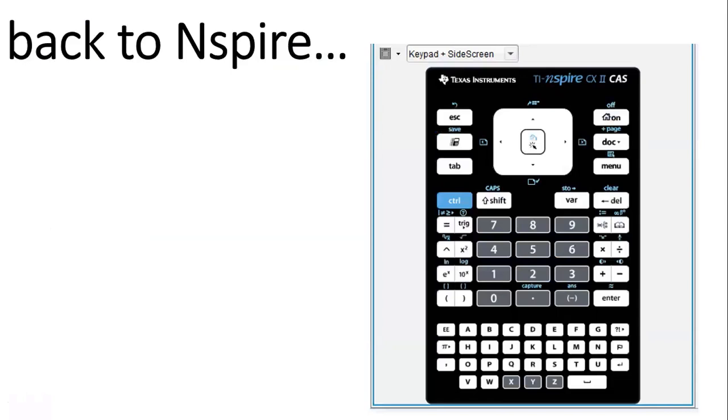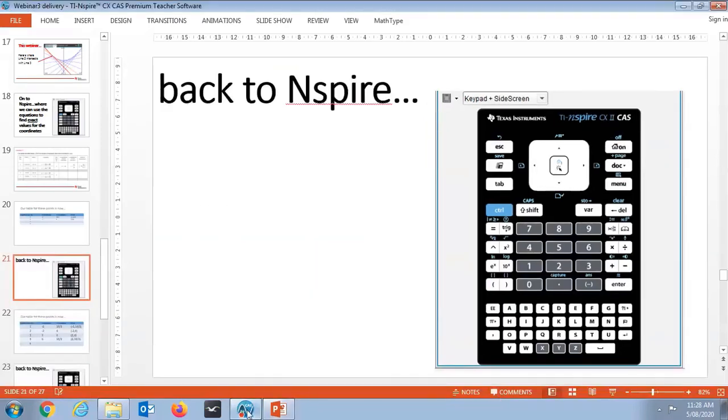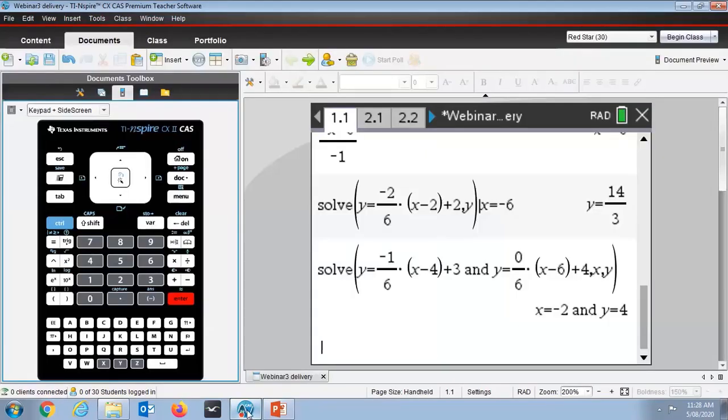We now go back to Nspire and see how we're going to do this with our other equations. Now, when we solve the other equations, we're going to get some similar values.